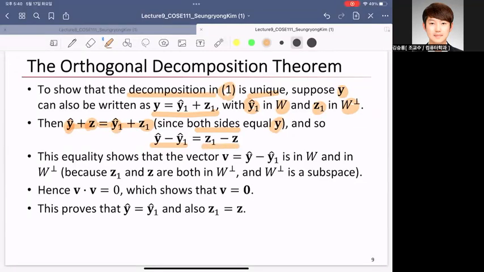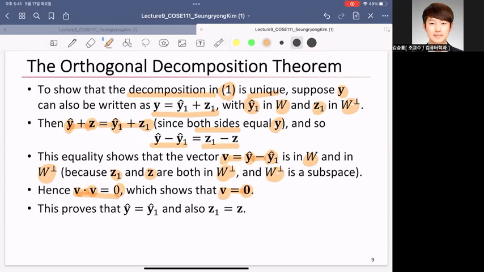This equality shows that the vector v, equal to y hat minus y1 hat, is in W and also in the orthogonal complement of W, because z1 minus z is in the orthogonal complement of W, and both are subspaces. Then the inner product of v with v is equal to 0, which shows that v is equal to 0.